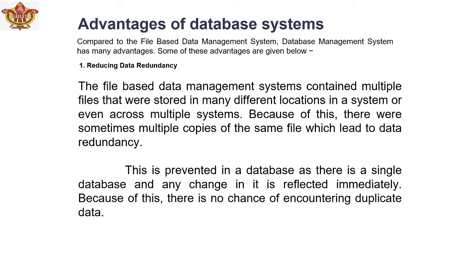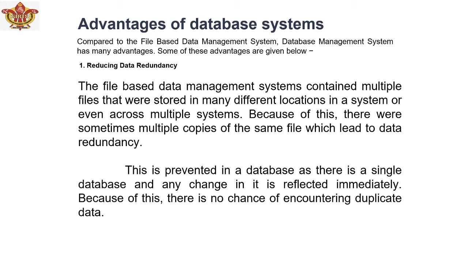Some of these advantages are like reducing data redundancy. This is prevented in the database as there is a single database and any changes in it are reflected immediately. Because of this, there is no chance of encountering duplicate data.